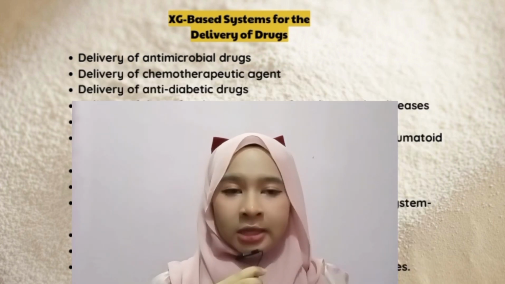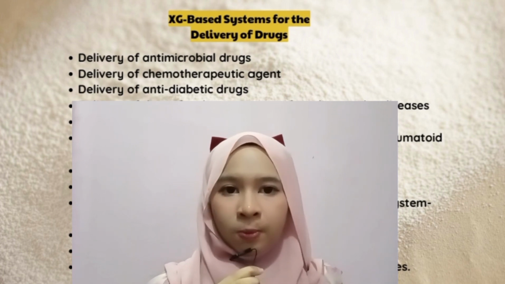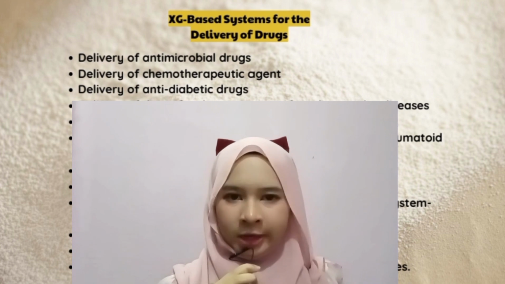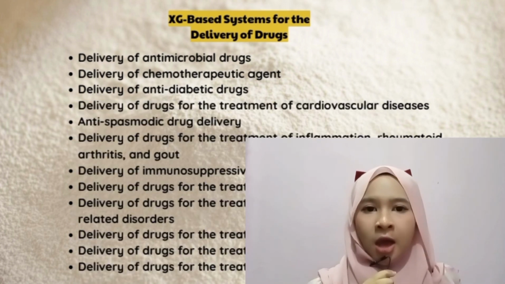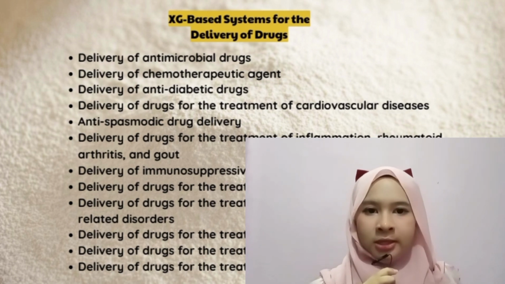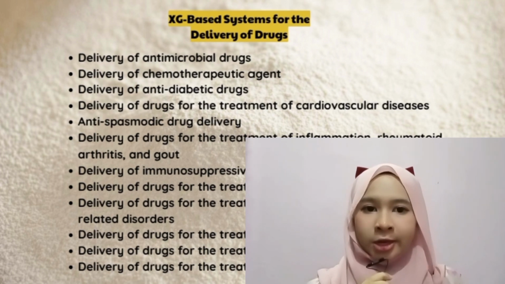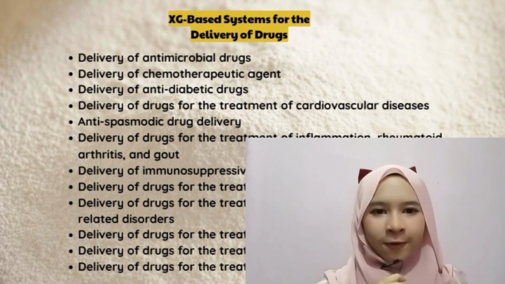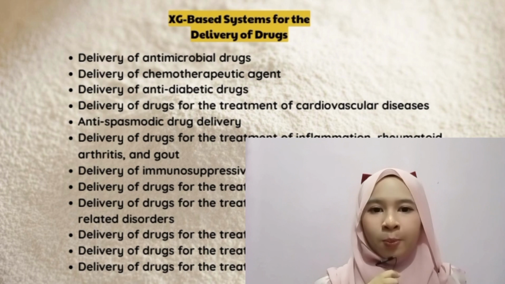Other than that, xanthan gum is used for the delivery of anti-diabetic drugs to improve its bioavailability and solubility. Based on the study from Rashmita V, Madhusudan R.Y., Pavani S., a floating tablet using xanthan gum and sodium alginate was prepared by an effervescent method. It shows that the drug was delivered perfectly by the floating pills, which also improved the drug's bioavailability and prolonged systematic release.